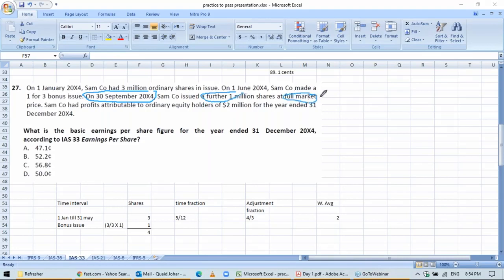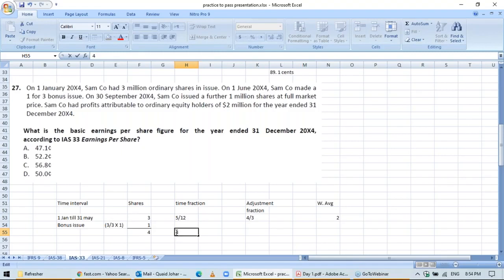So after these 4 million shares, which remain outstanding till 30th September, this makes June, July, August, September. This makes 4 months. So 4 divided by 12.